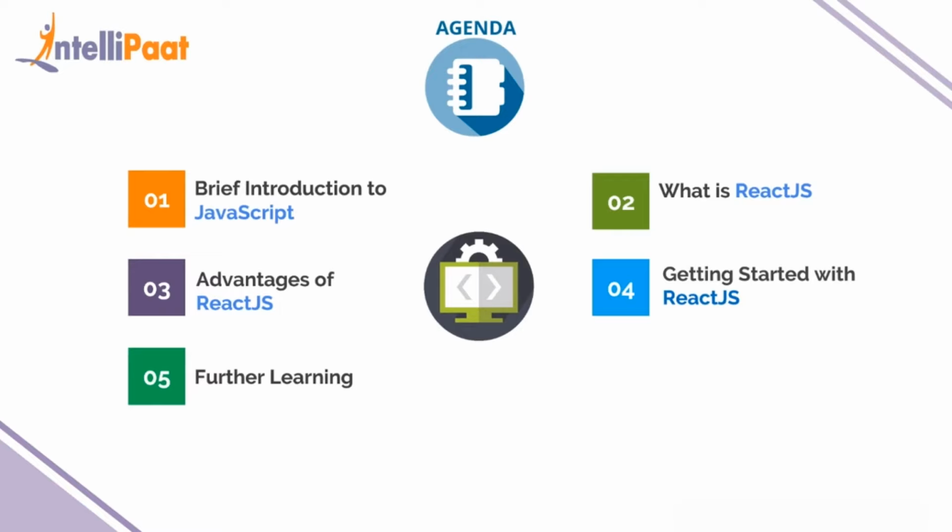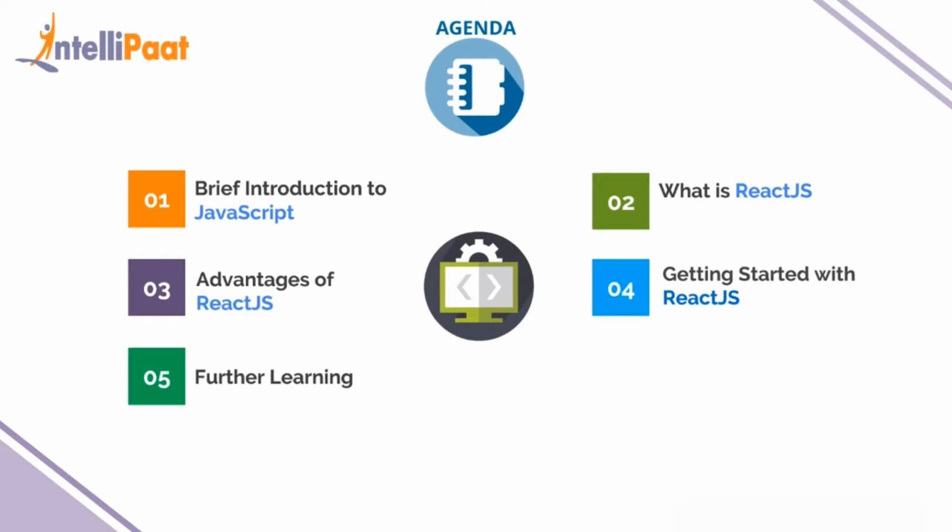We're not going to be getting into the details of JavaScript, but we're going to go over it briefly to give you a recap and to make for a better context for React.js. So the first topic is the brief introduction to JavaScript. Then we will understand what React.js is, what the origin of React.js is, and what React.js is actually meant to do.